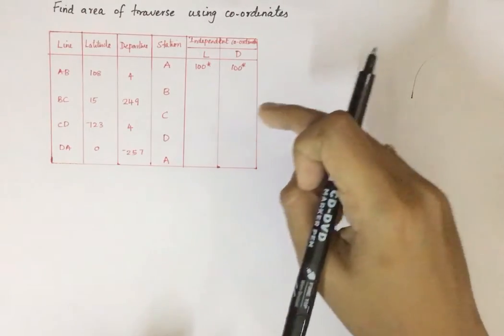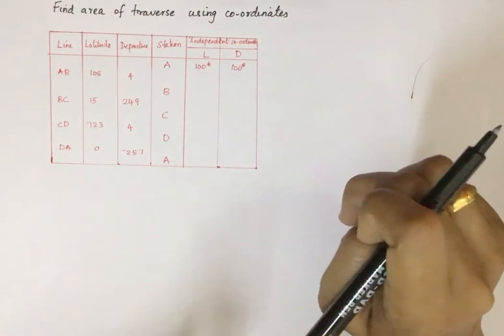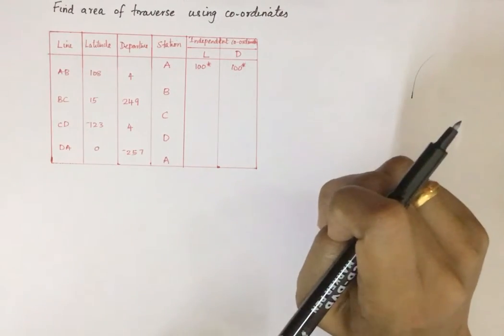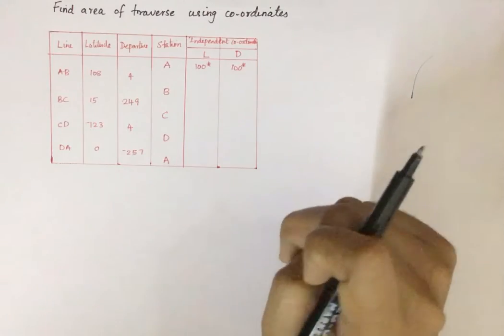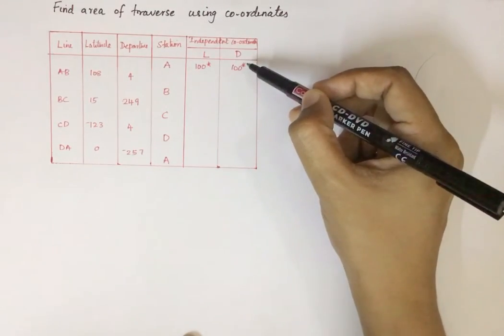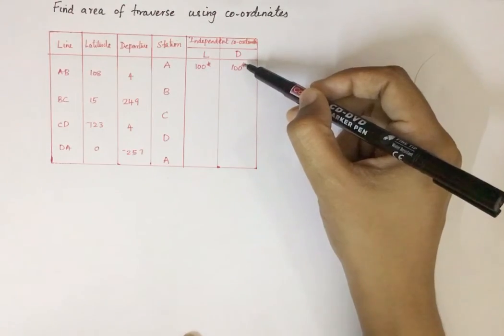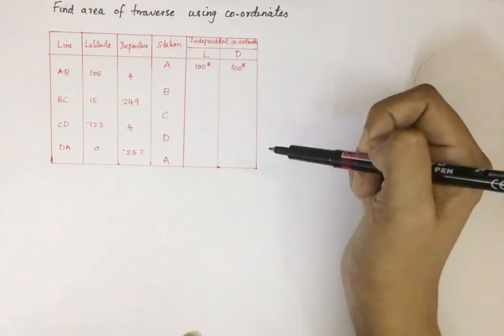It is an assumed value, that's why I've given a star. If it is not given in the question, you can assume 100 or 200. So from this value 100, 100, the first step is to calculate the independent coordinates of all the other stations.